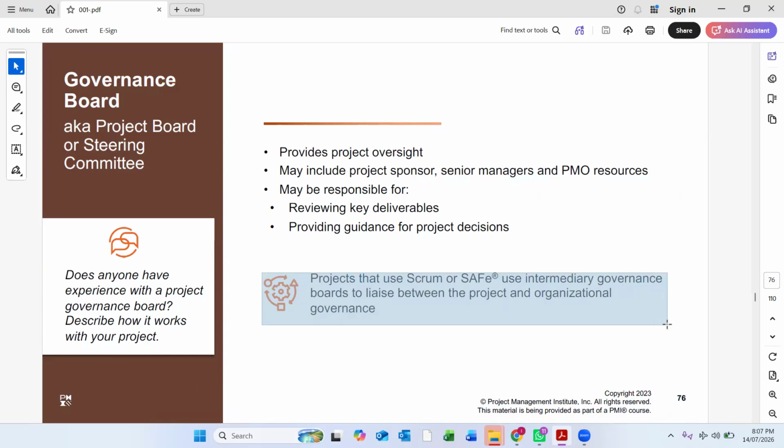Sir, what is Scrum? In agile, especially in an agile environment, there is a scrum master, who usually plays the role of a project manager. In a plan-based approach, we have a project manager, but in agile, there is a scrum master.